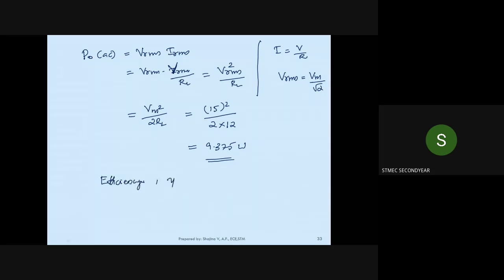Efficiency is equal to P out AC divided by P in DC.